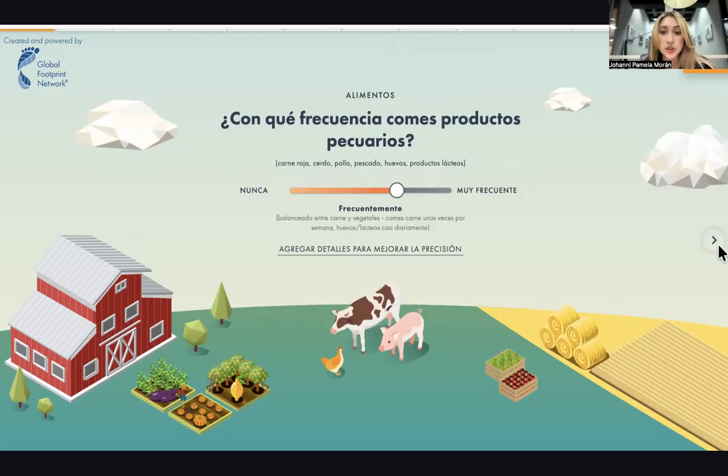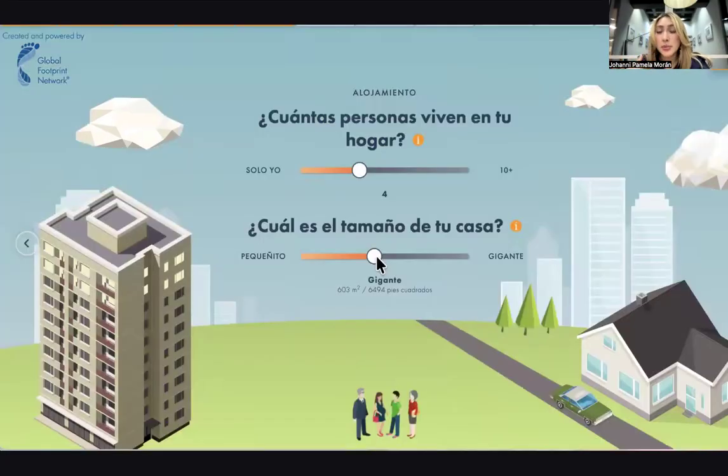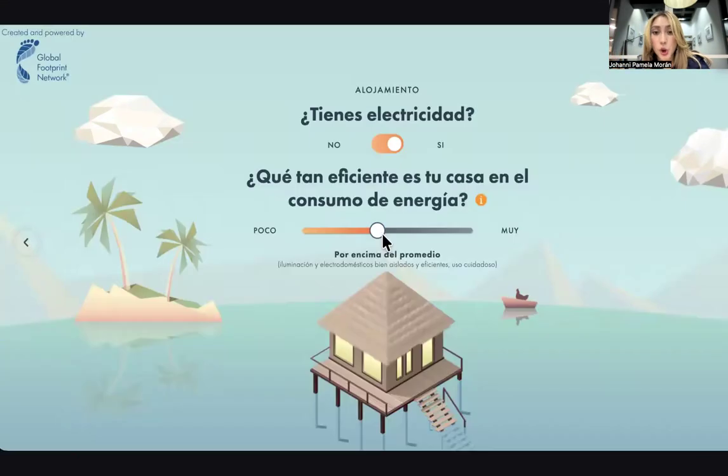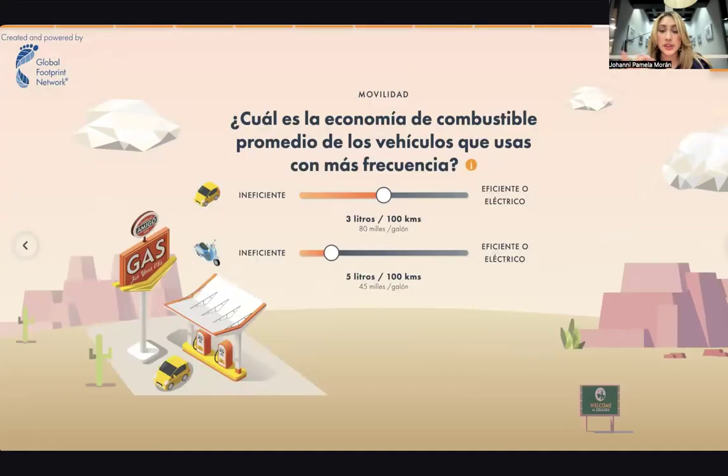For example, it has questions like how much animal meat you eat, whether the food you eat is processed or not, where you live, how many people live in your household, how big your home is, your electricity consumption, how much waste you produce, and everything. At the end, it gives you the result of your footprint. So I would tell you to do it and see your results for yourself.